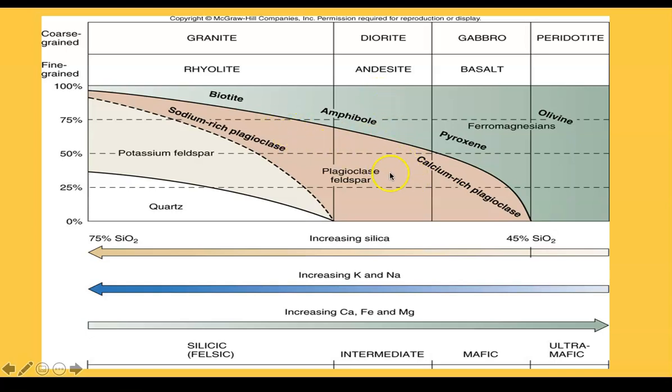The big difference here, and we're going to talk about this in a moment, is this pink swathe that goes across the middle here. All right, and when we talk about this in lab, I'm going to lie to you, and I'm going to tell you that you got some dark feldspar and some light-colored feldspars.